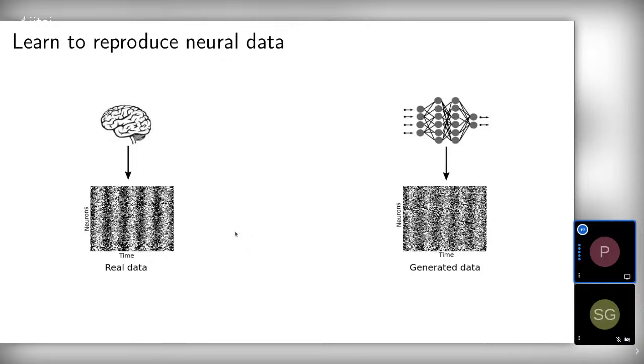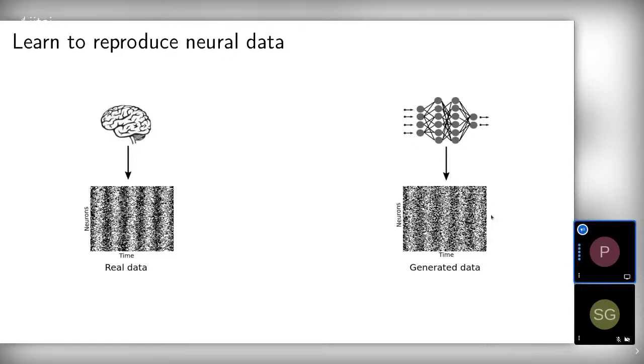How do you do this? Well, you've got data essentially measuring what the spikes in the brain look like, and you want to have a neural network that produces exactly the same kind of data.